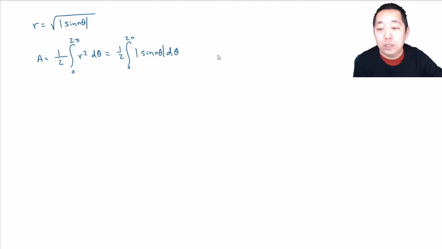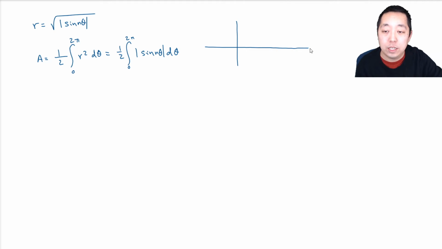Now, you might ask, how are we going to approach something like this? The first thing is to get a good idea of what the sketch of sine n theta looks like. Because it's n, it's going to repeat. If I didn't have the absolute values and just wanted to plot sine of n theta, it would look like this, and it would repeat n times, where there's n of these by the time you get to 2 pi.